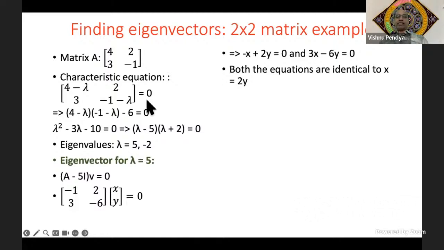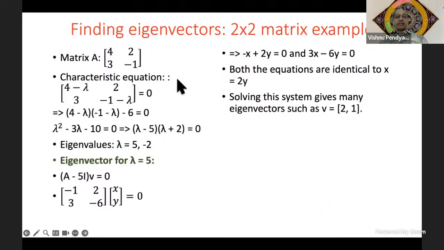Interestingly, both the equations happen to be the same. They are identical. What does that tell you? That tells you that there are an infinite number of eigenvectors. So solving this system gives many eigenvectors such as v is equal to 2 comma 1. I'm deliberately choosing corner cases so that you don't get confused when you encounter similar scenarios, like for instance, in an interview.